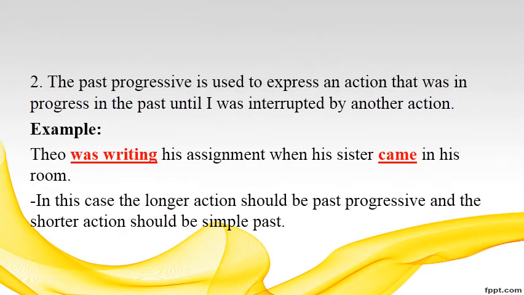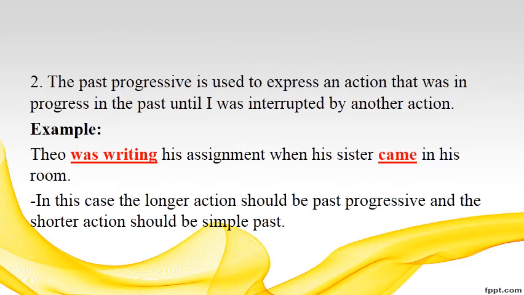The second use of past progressive is to express an action that was in progress until another shorter action interrupted it. In this case, we will have two actions, one which is long and another one which is short, and both of them happened in the past. Like in the example, Theo was writing his assignment with his sister when his sister came in his room.